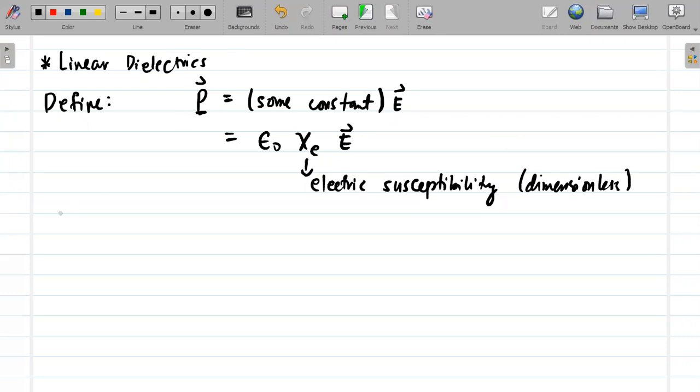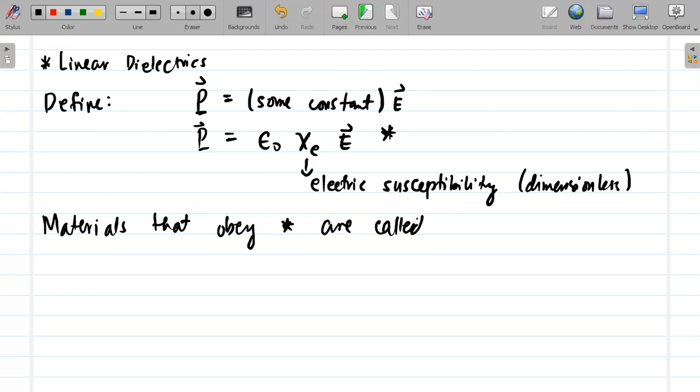Now, let's label this equation star. Now, materials that obey the equation star are called linear dielectrics. So, ganun lang.